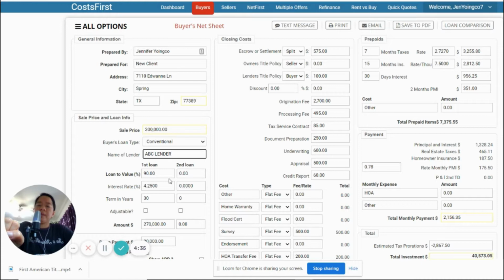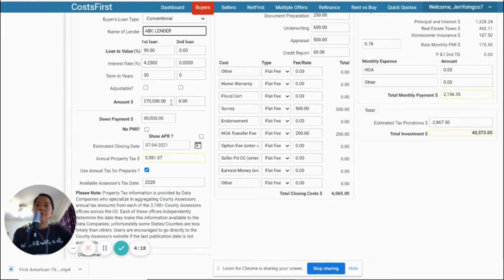And let's say you plan to put 10% down, which equates to a 90% loan. The interest rate defaulted here is 4.25. I'll leave it at that rate, 30 years fixed. And the amount showing here is 270,000. Why?